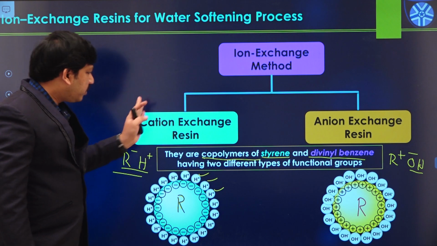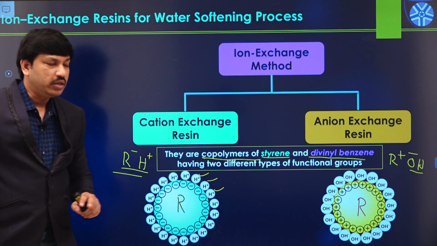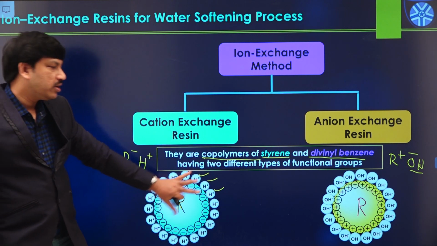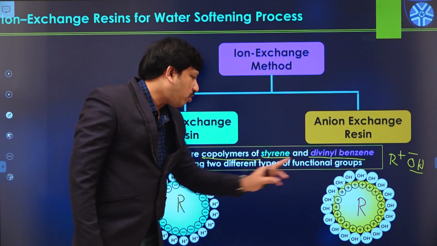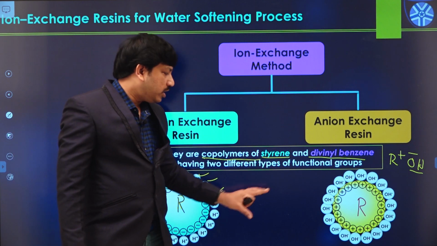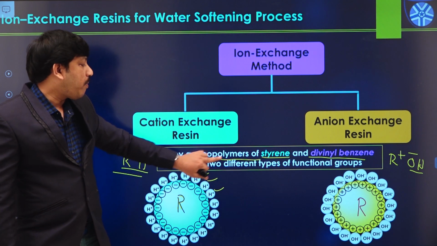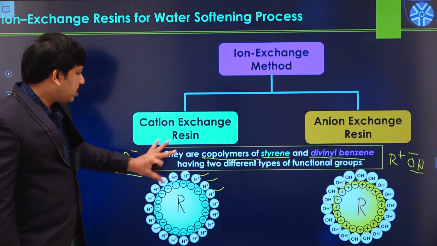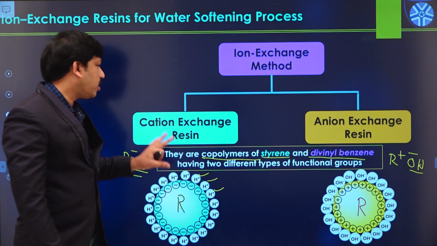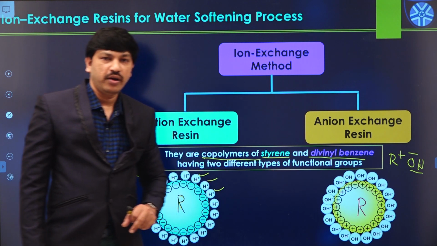So like this, there is a requirement of two different resins: cation exchange resin and anion exchange resin. But these two resins are developed from the copolymer of styrene and divinyl benzene. We will see how to synthesize this kind of resins.